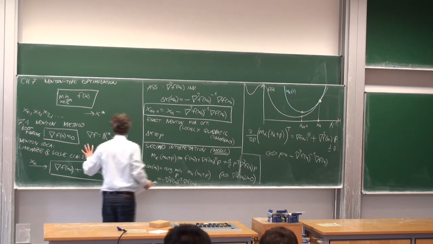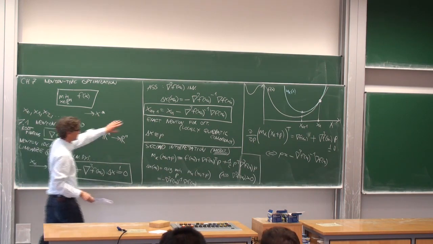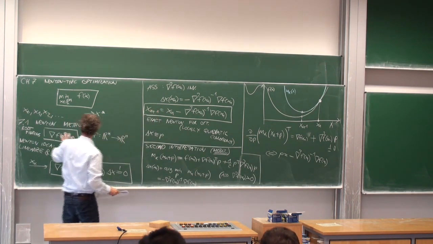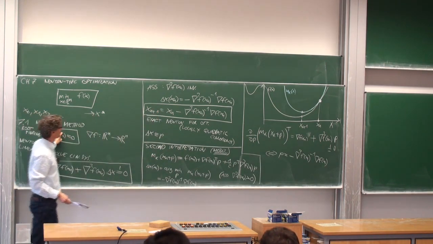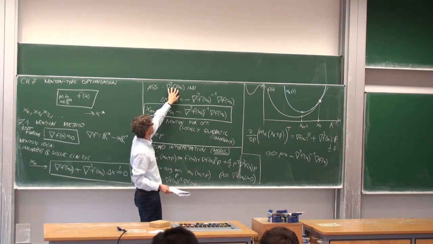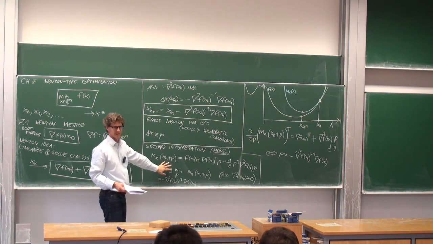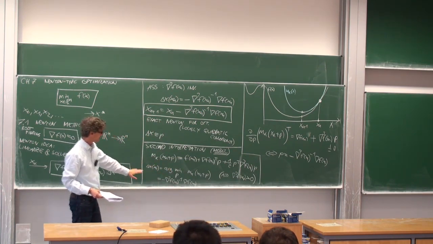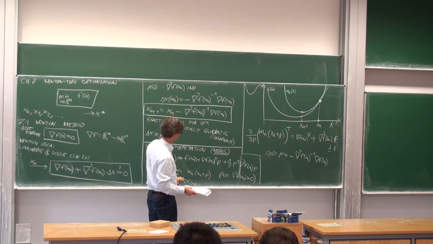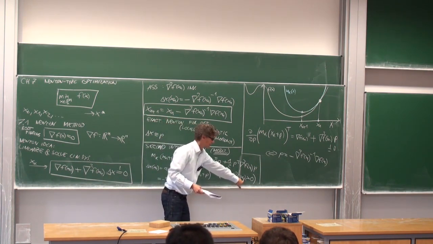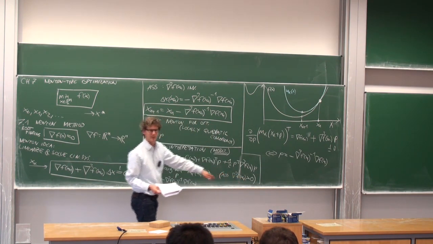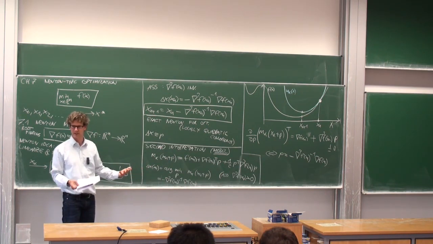Let me say a few things. For Newton's method, we have the same formula, but when we looked at the root finding problem, we made only one assumption, namely that this matrix is invertible. For the model assumption, we needed a stronger assumption, namely that the second derivative is positive definite, which of course implies invertibility.